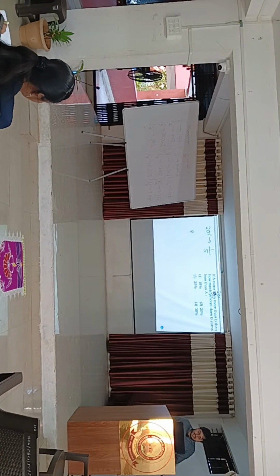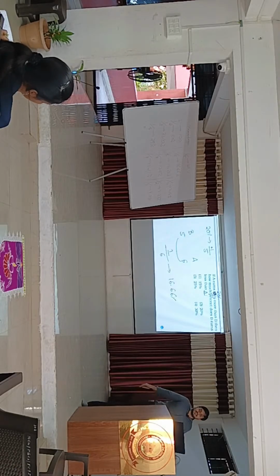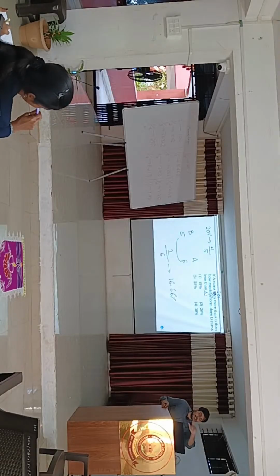So B is having how much? 5 rupees. A will have how much? Add 1. 5 plus 1 is 6. Difference is 1, 1 by A value, that is 6. 1 by 6, the answer is 16.66 percentage. Did you understand this? I am doing it in a very short way.